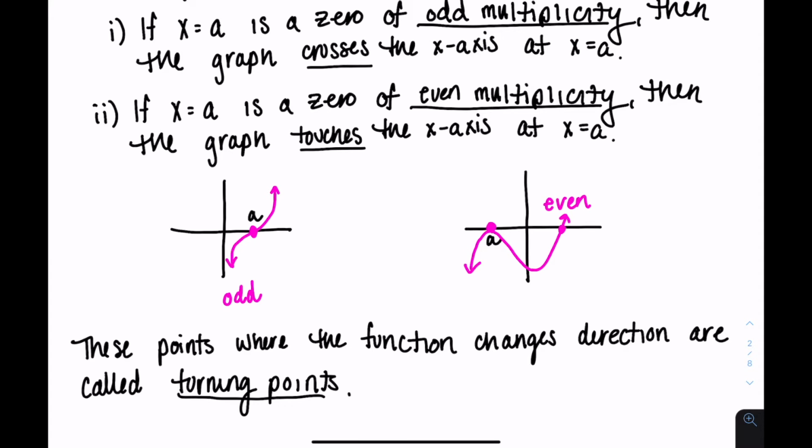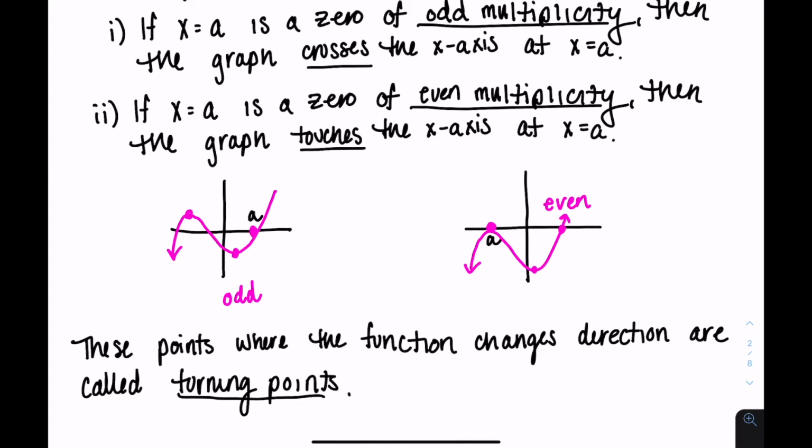So in between the zeros, my graph is going to have to turn around to be able to come back to the x-axis. Even if you have an odd one and it crosses through here, maybe you've got another 0 and another 0 over here. A few different times the graph has to turn around to be able to come back to the axis.